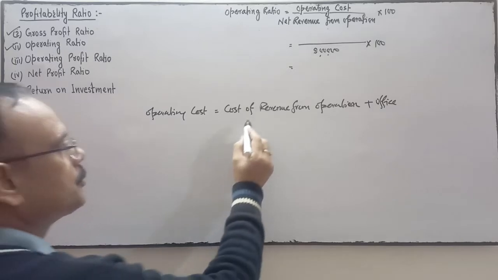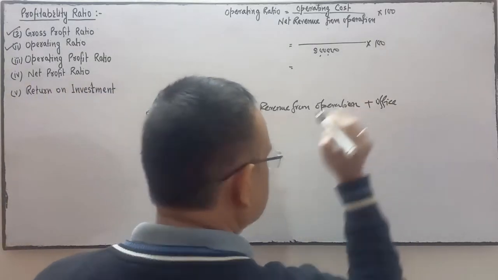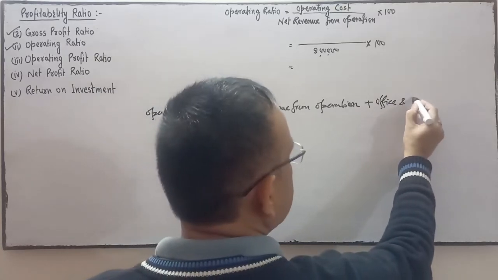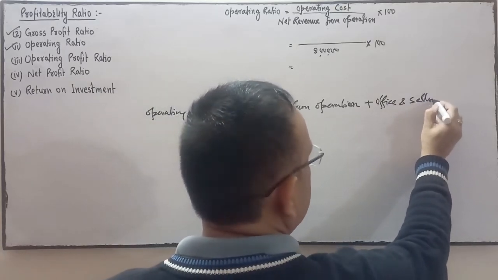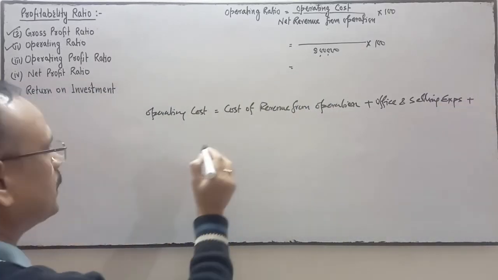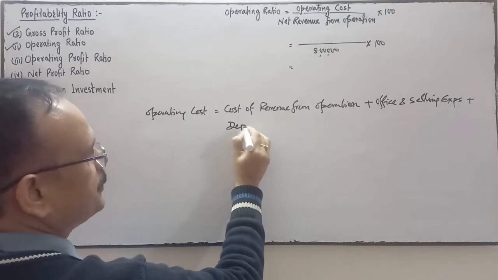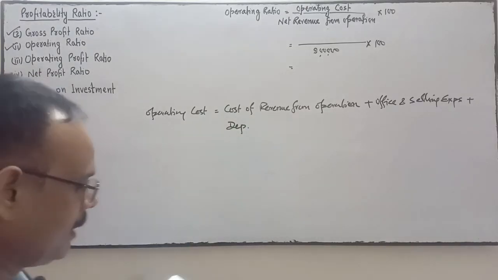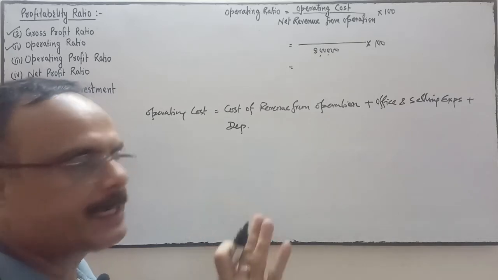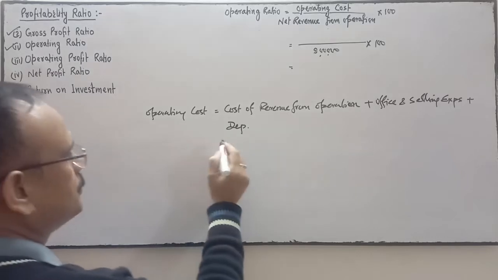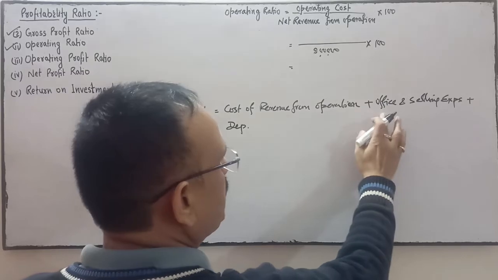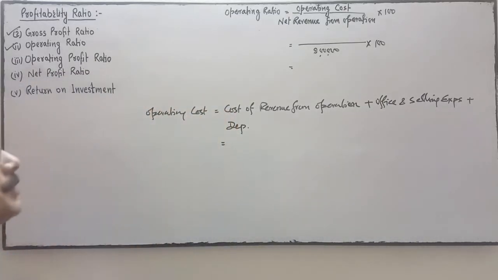In the operating expenses, office and selling expenses is given, plus one more, that is depreciation, which is an operating expense. Loss on sale of plant is non-operating loss. This will not be taken into account while calculating the operating cost. So operating cost is cost of revenue from operation plus office and selling plus depreciation.